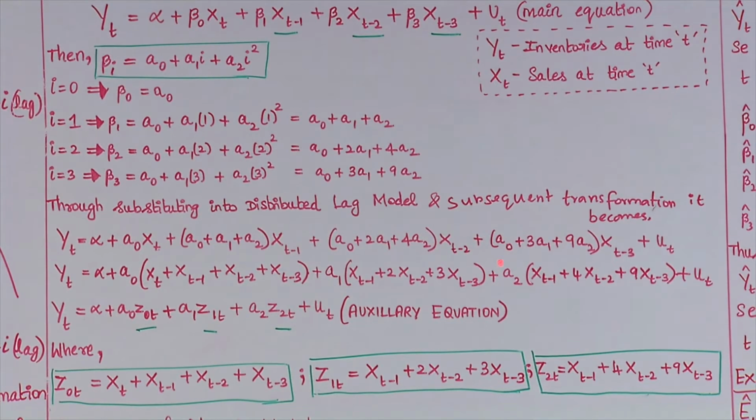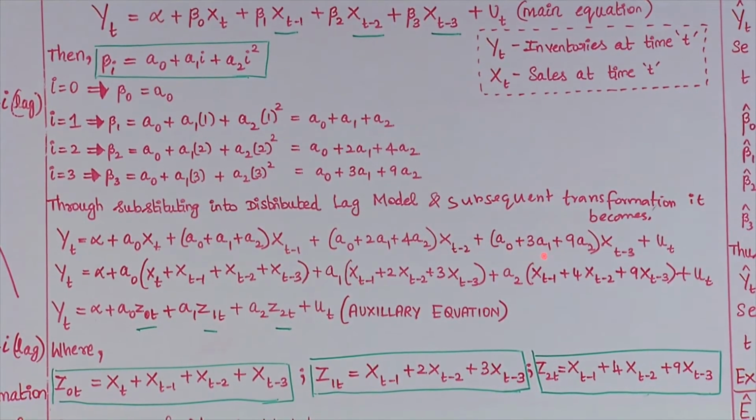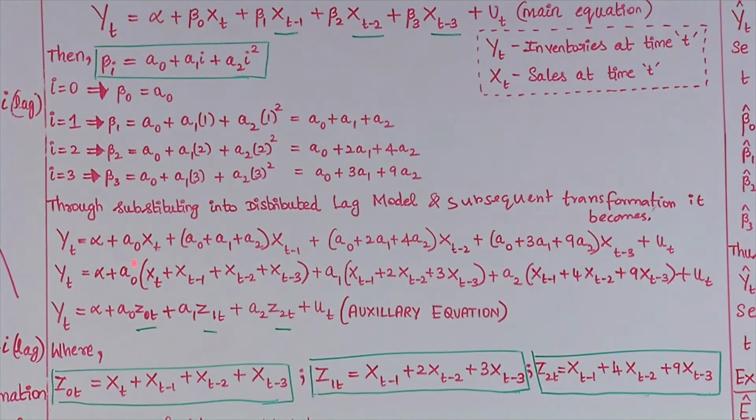Instead of beta 3 you substitute a0 plus 3a1 plus 9a2. So the expression becomes an expression in terms of a0, a1 and a2 instead of beta 0, beta 1, beta 2 and beta 3.